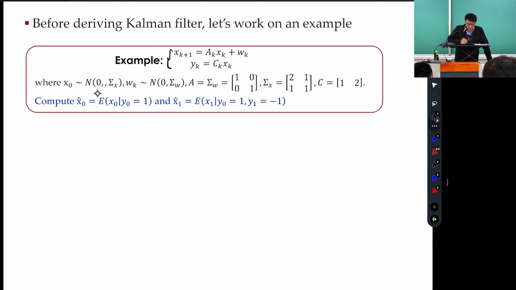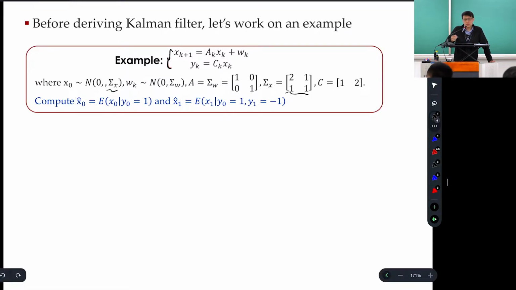Our initial state is a Gaussian, with covariance matrix sigma x, and C is 1, 2.